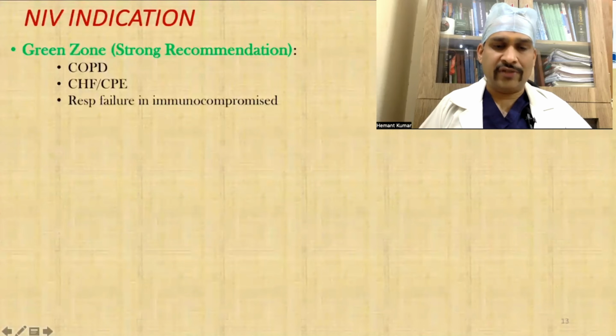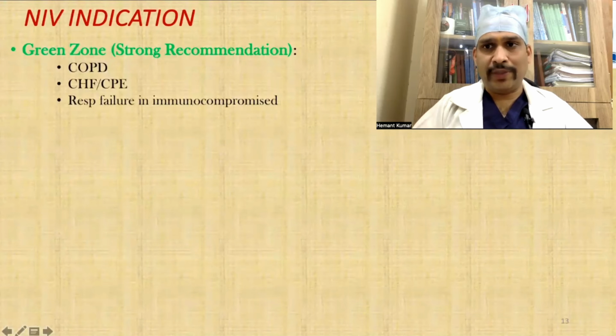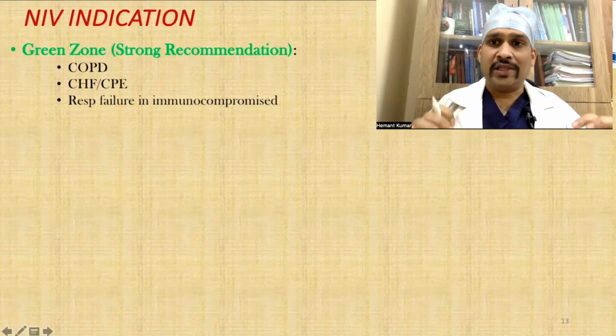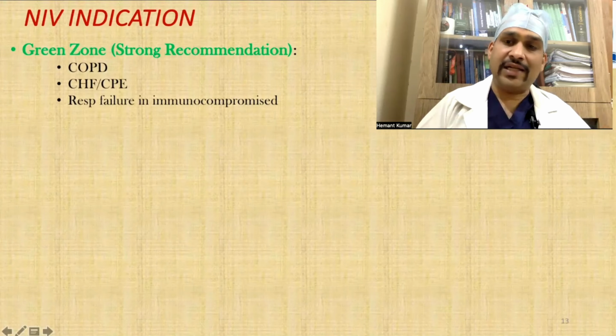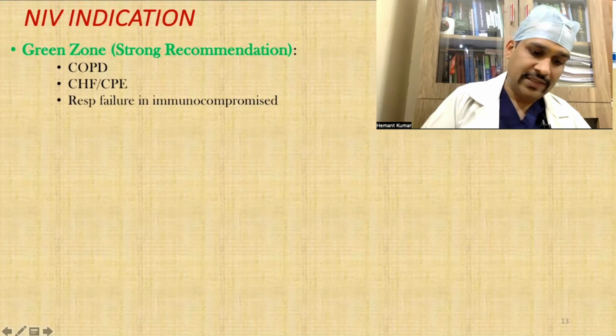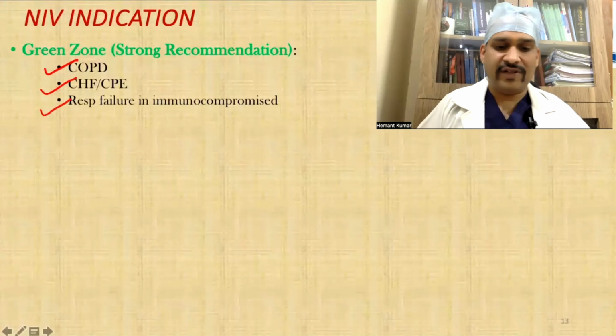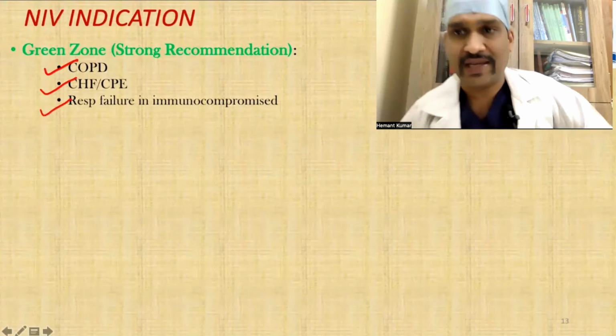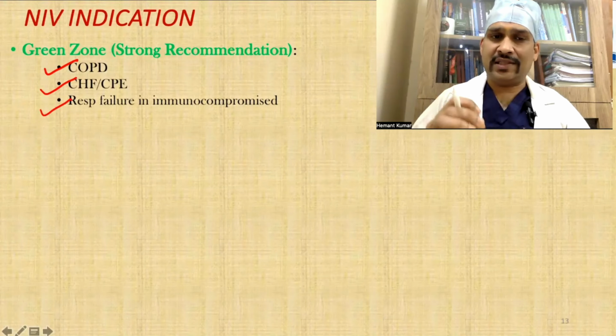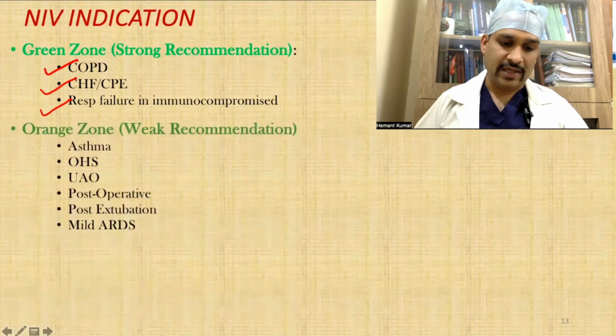So what is the indication for NIV? This is not for COPD but overall. There is a high recommendation to use NIV in three conditions: COPD, congestive heart failure, and respiratory failure in immunocompromised patients like HIV. In these three conditions, there is a strong recommendation to use NIV.